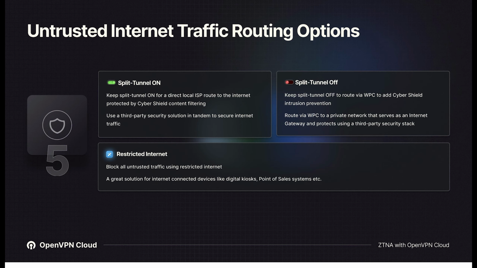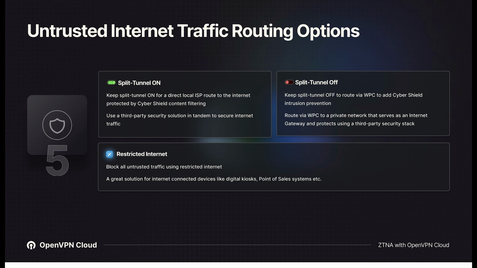As you look at this slide with the title Untrusted Internet Traffic Routing Options, the main point here is that trusted traffic, both private and select trusted internet destinations, are being accessed through the WPC. What about the untrusted traffic that is not passing through the WPC?